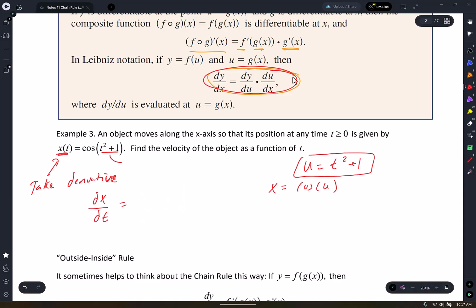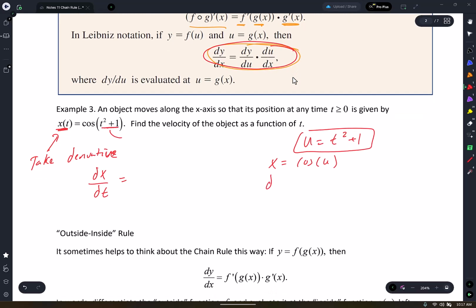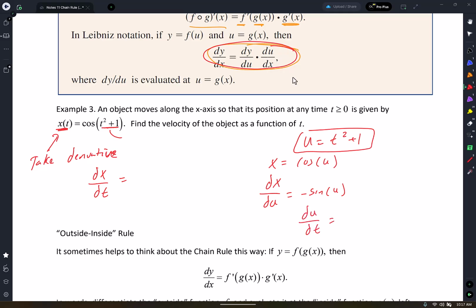All right, so here we go, guys. dx/du. What's the derivative of cosine? Negative sine. You've got to keep the argument. Negative sine u, of x with respect to u. What is du/dt? 2t. Perfect.